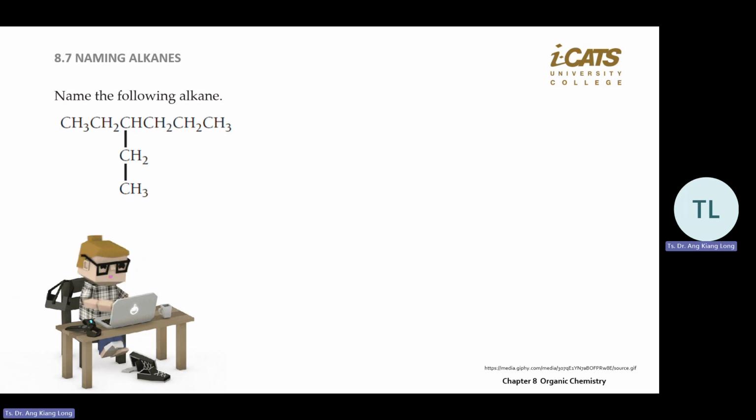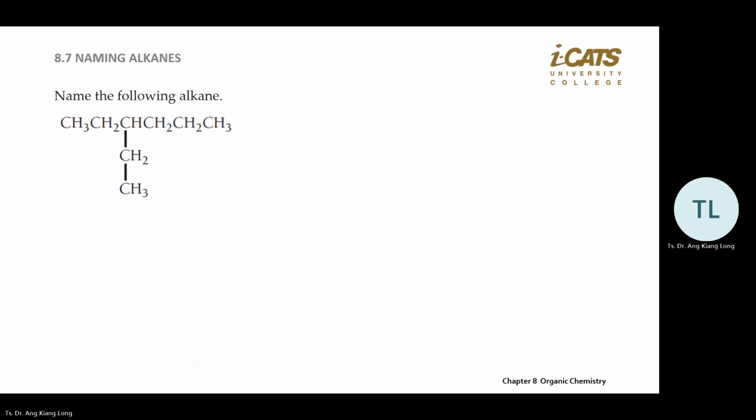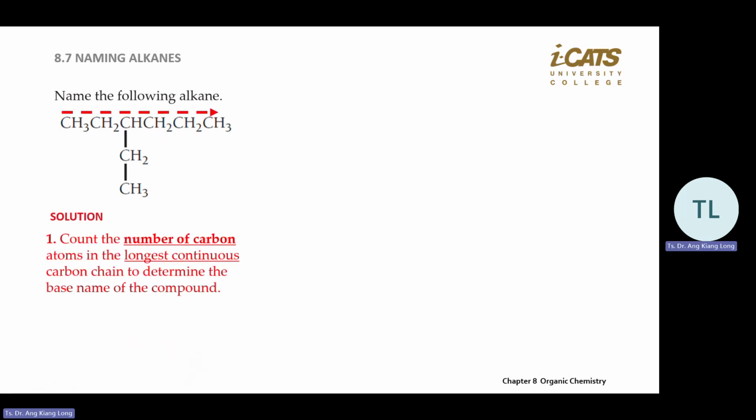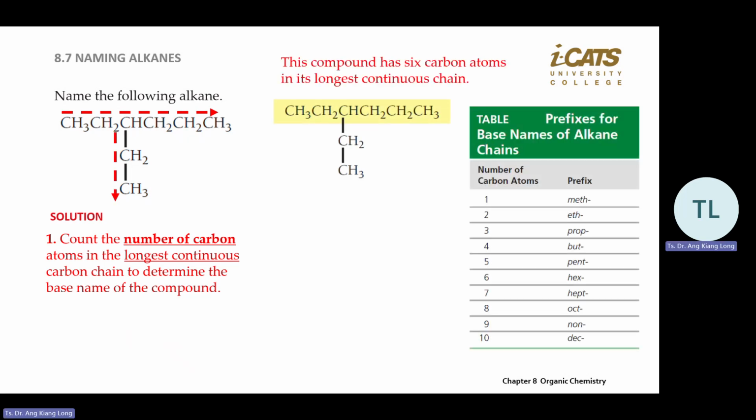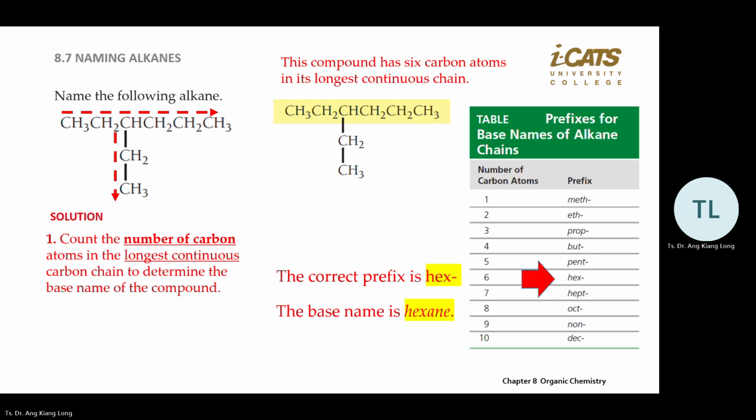So here the longest is what? 1, 2, 3, 4, 5, 6. 6 carbon. So 6 is what? Count the longest, it is hex. So the prefix is 6. Write hex first. Okay, count the longest first. This is the branch. So hex. Write down the hex first, the prefix. The base name is called hexane, ANE.